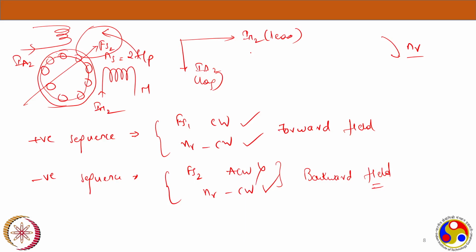Now, if you see the torque produced, the torque will always have the same direction as your field, that is fs1 and fs2 in their respective positions. Because of this forward field and backward field, the torque produced also has the same nature.